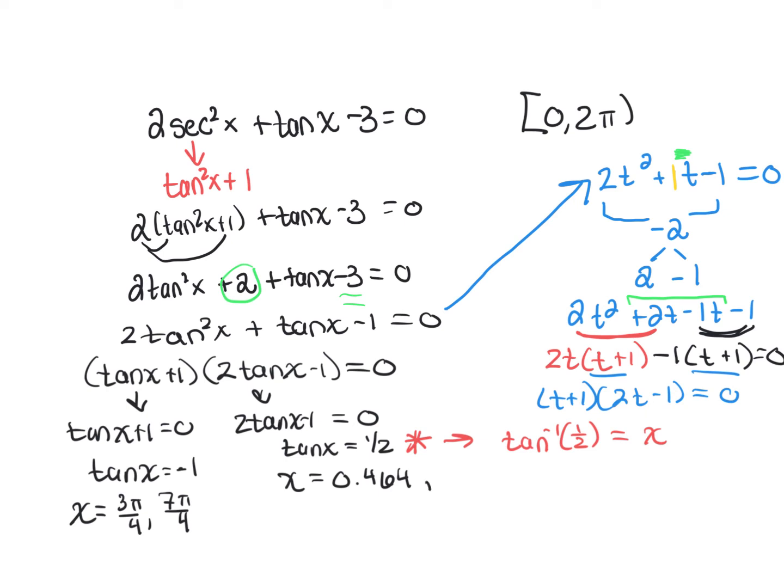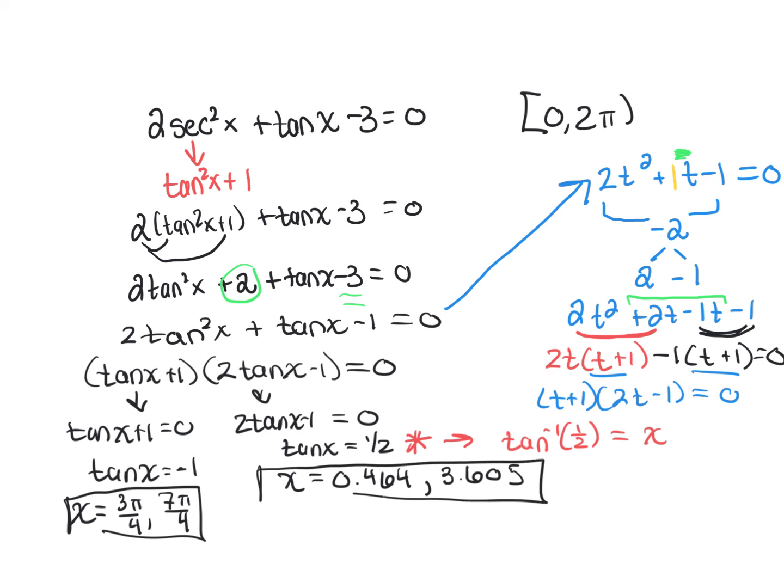So when you add pi to this, the other answer is 3.605. So these are your answers, and these are your answers.